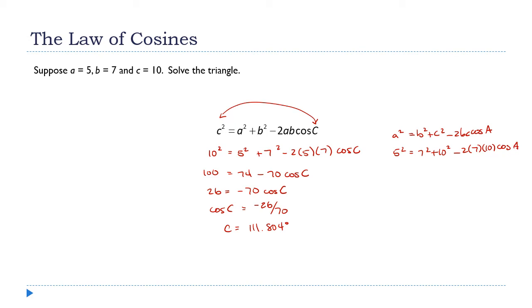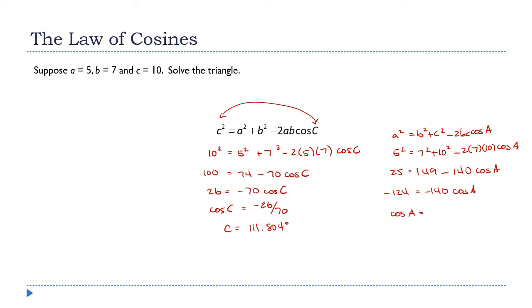All right, so let's see. This is 25 equals 149 minus 140 cosine of A. Subtract that 149 from both sides. Negative 124 equals negative 140 cosine of A, divide by 140.